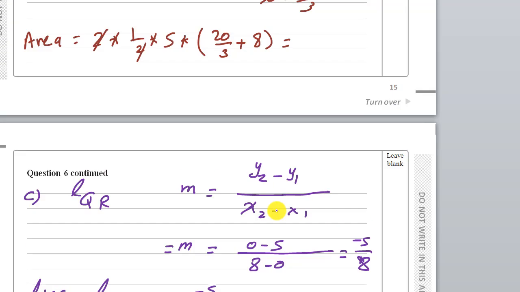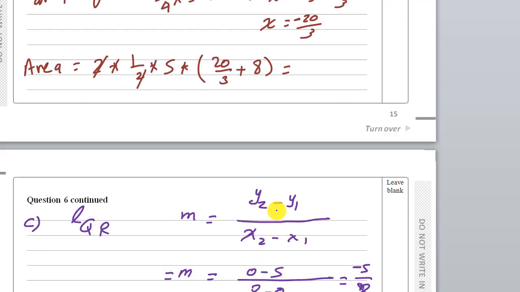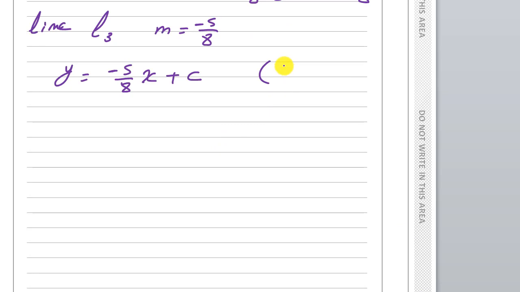Point P, which is (minus 20 over 3, 0), lies on this line. So 0 is equal to minus 5 over 8 multiplied by minus 20 divided by 3 plus c.